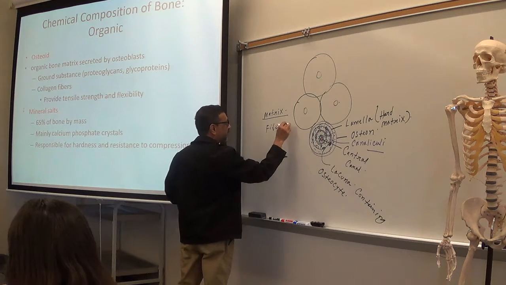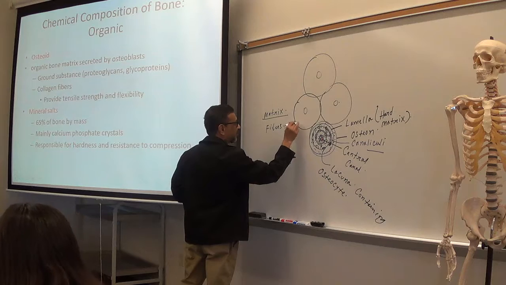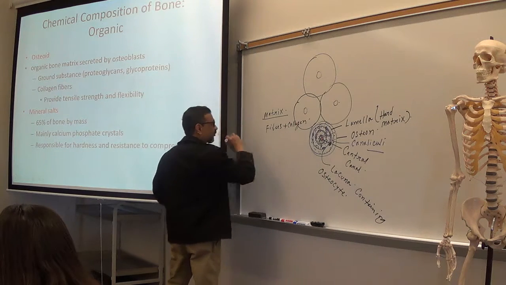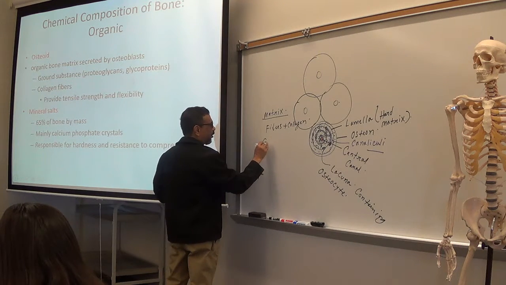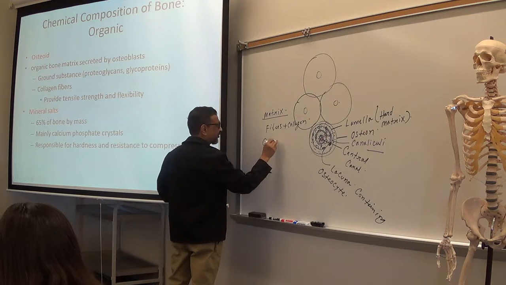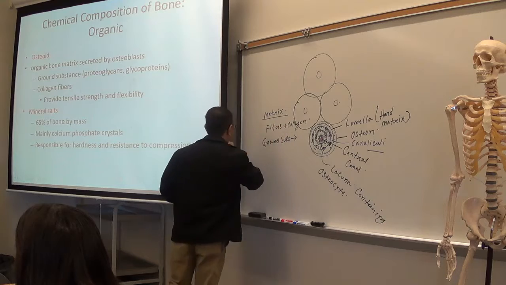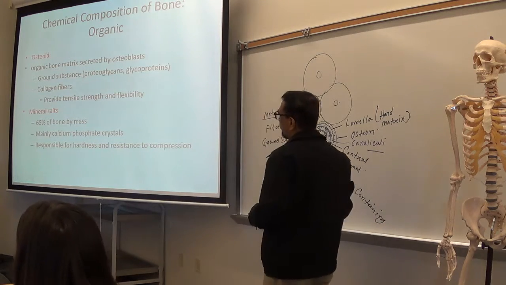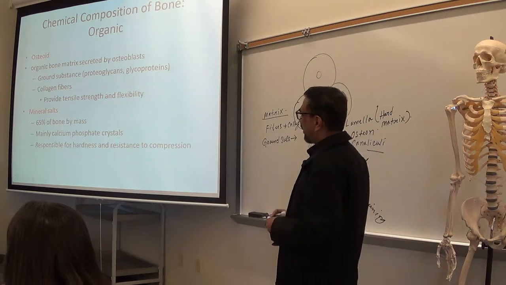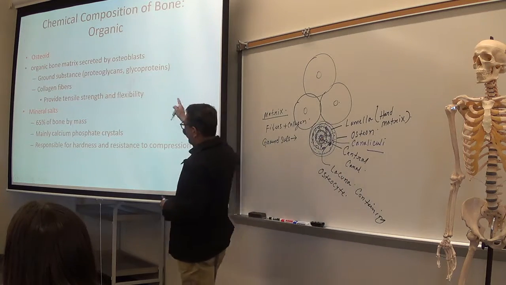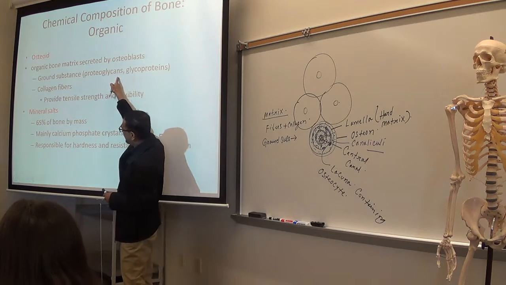What kind of fibers? Collagen fibers. And ground substances. Ground substances include proteoglycans and glycoproteins. These two chemicals.